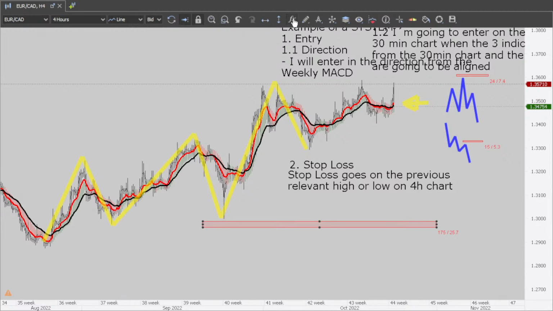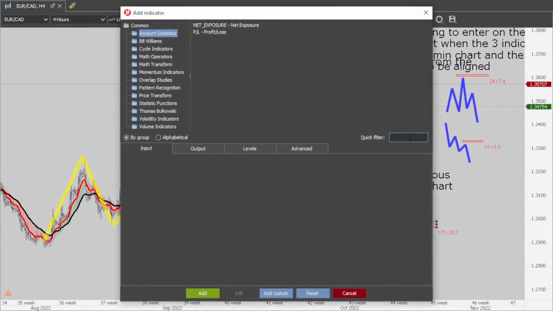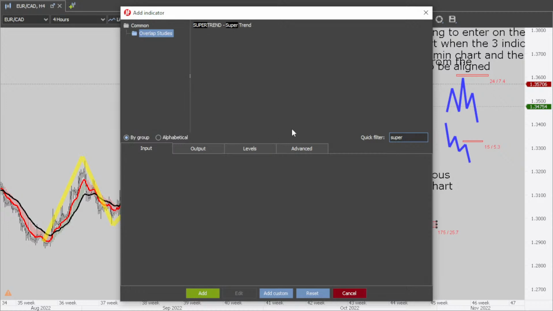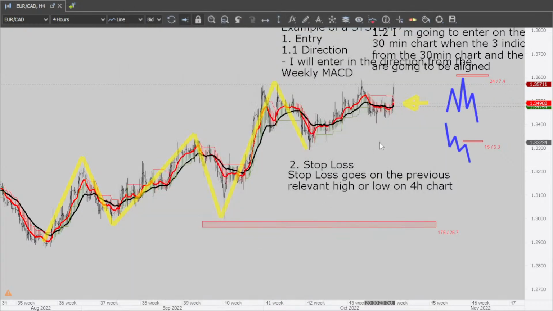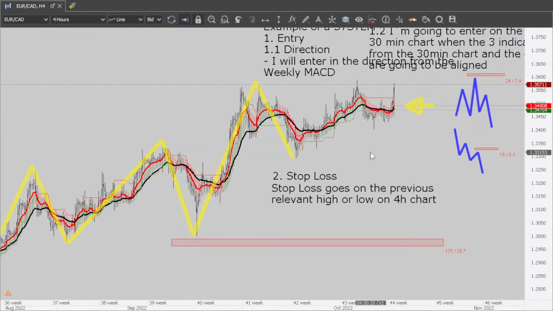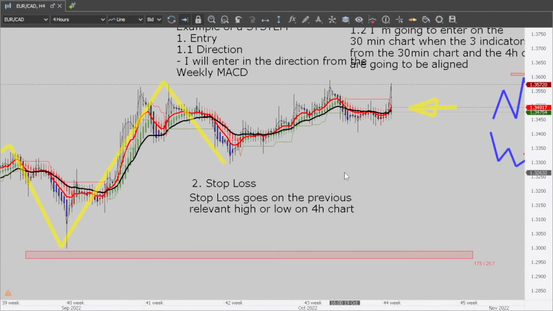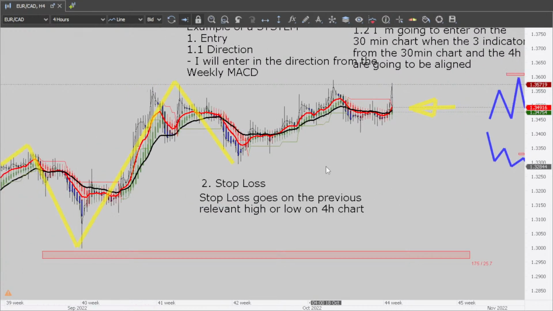Well, we are going to add an indicator, Super Trend, right? Medium price, close price. Okay everybody, what about now? Stop loss. See, those are all just examples. Stop loss goes on the previous relevant high or low on the 4-hour chart.